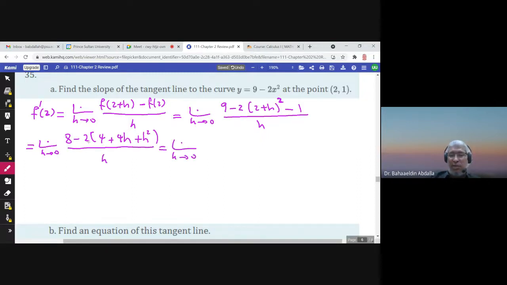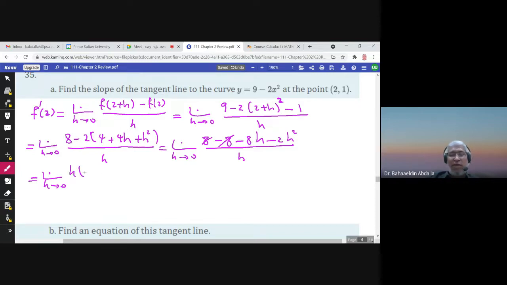I cannot subtract because I have to multiply by 2 first. So 8 minus 2 times 4 is 8, minus 2 times 4h is negative 8h, negative 2 times h squared, over h. 8 minus 8 is 0. And I can take h as a common factor.